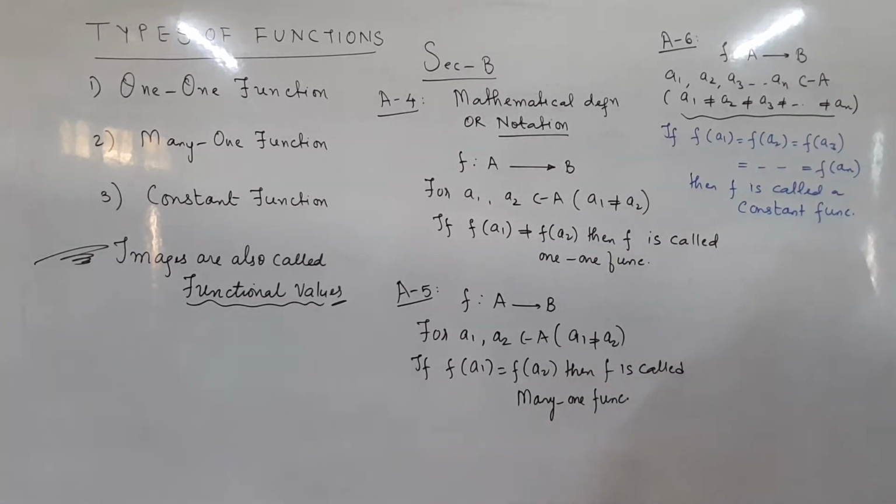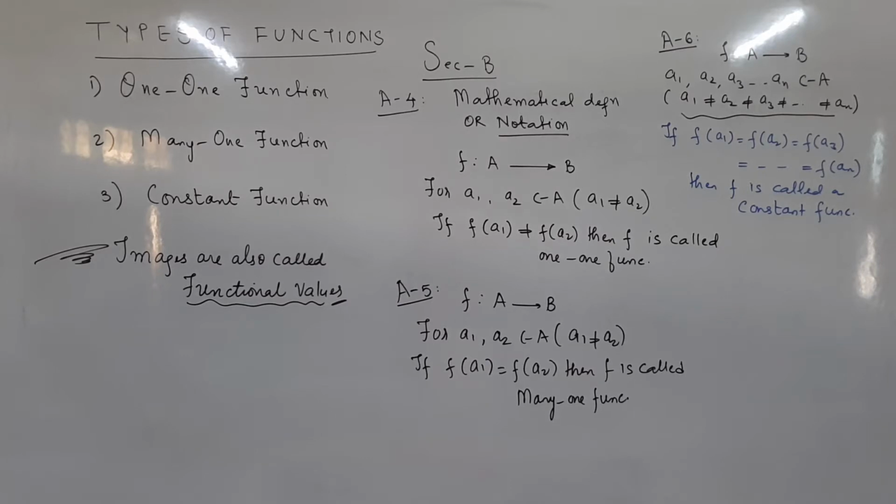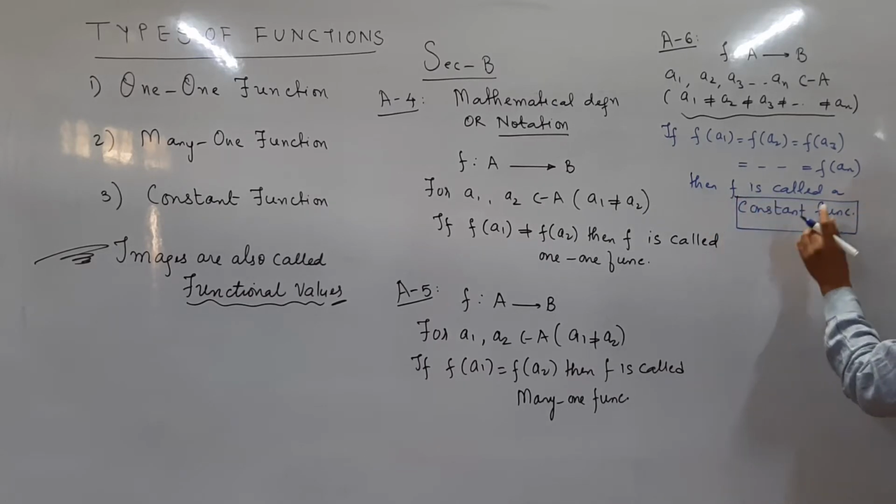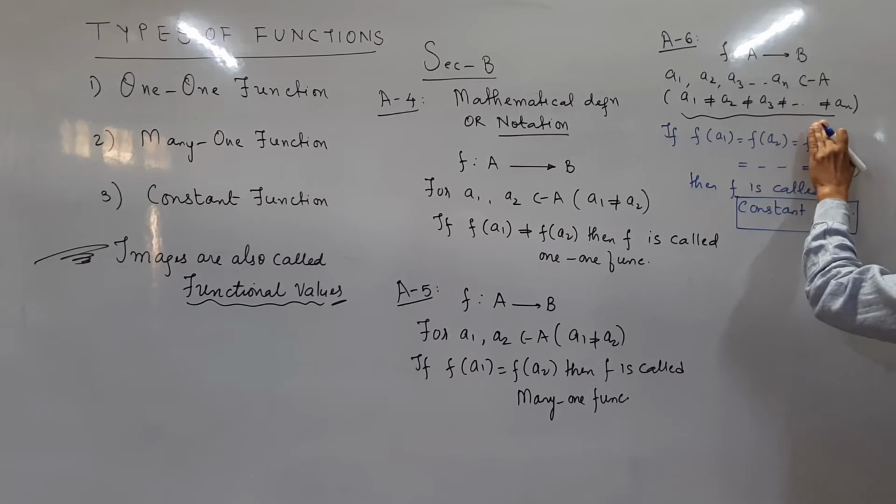For all different elements of the domain, if their images or functional values are the same, then such a function is called a constant function. So this is the notation or mathematical definition of constant function.